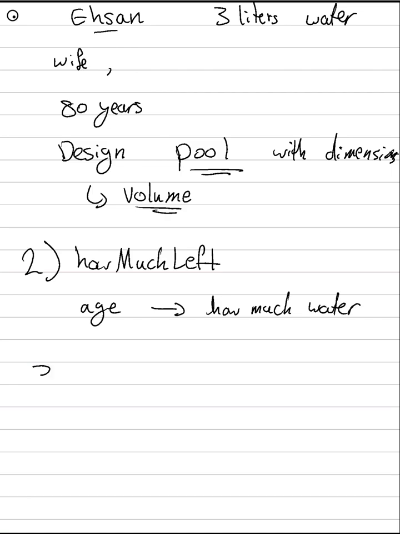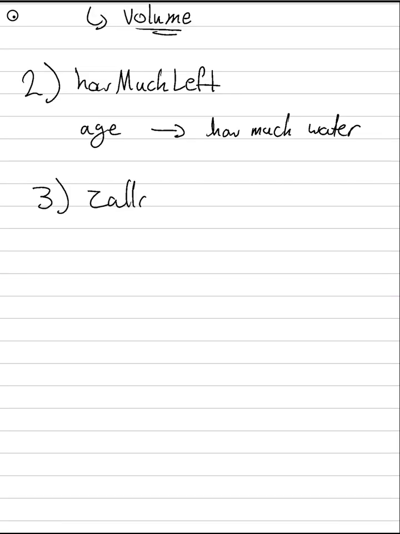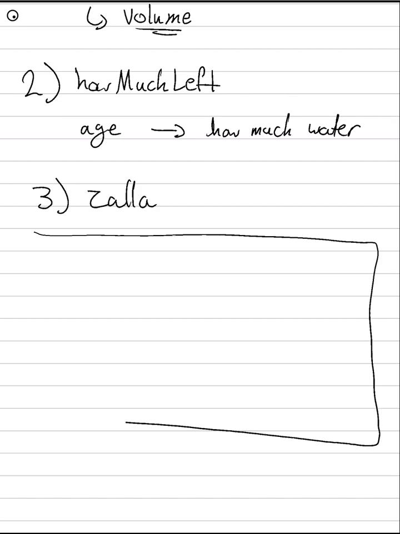And then the last bit of homework we have. Another friend of ours, Zala, hears about Ehsan's idea and gets a similar idea for watering her plants. She writes the following code, which I will screen share here. And then you ask for a test.